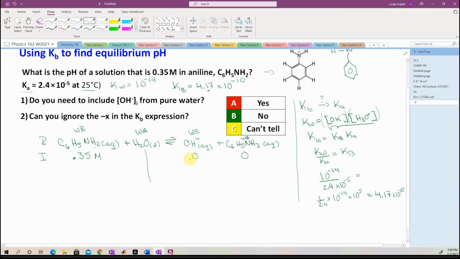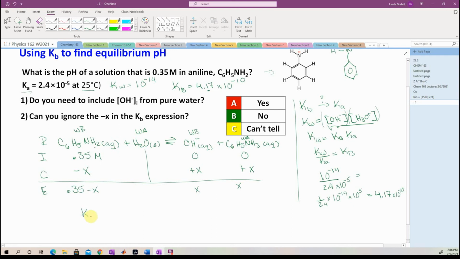We'll come back and check it at the very end. So what's my change? It'll be minus X. This would be plus X, and this would be plus X. So at equilibrium, I have 0.35 minus x, x, and x.